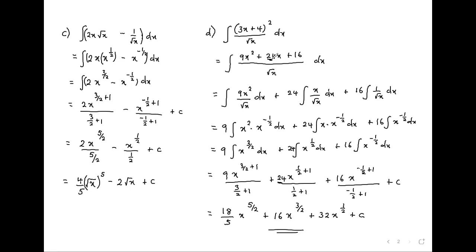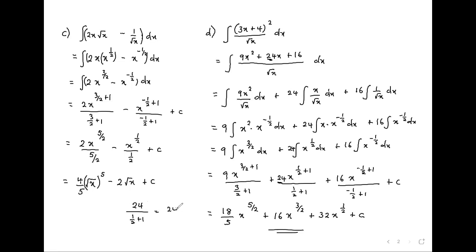Sir, can you please repeat the step before the final answer? I didn't get how you got 16 there. How we got 16 on the last piece? Yes, sir. So what we have is 24 over half plus 1.